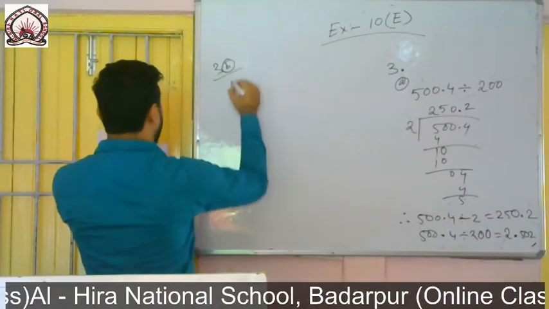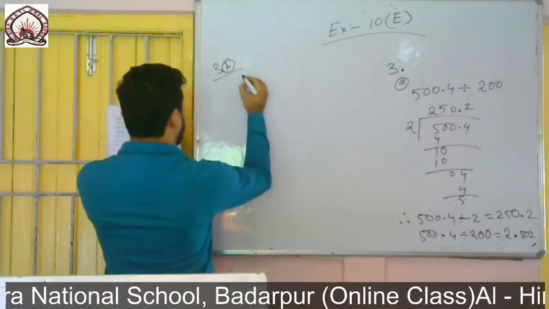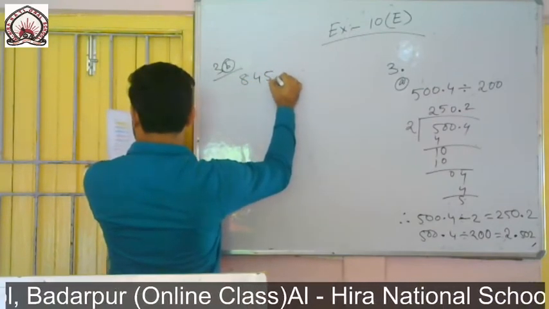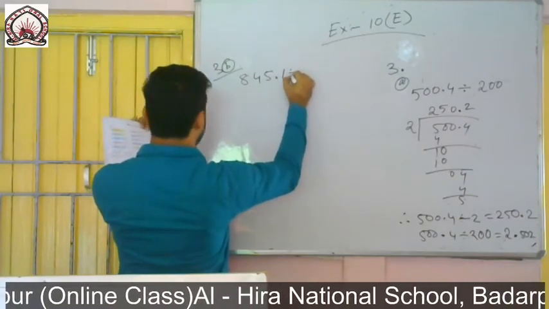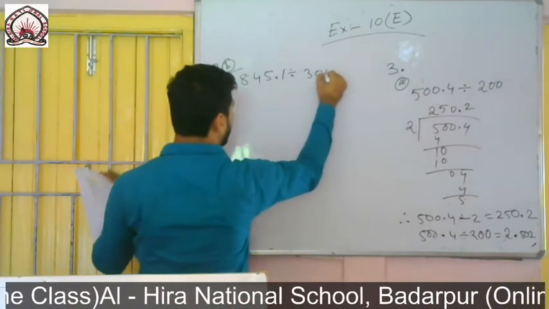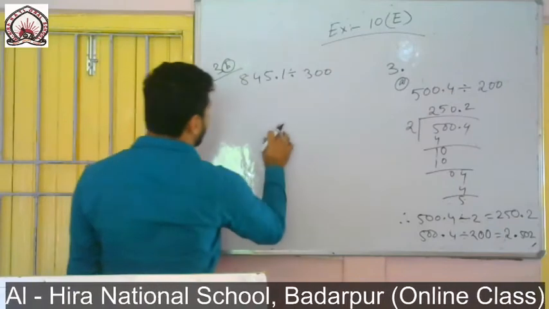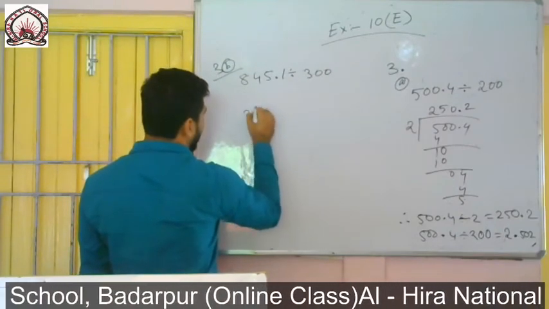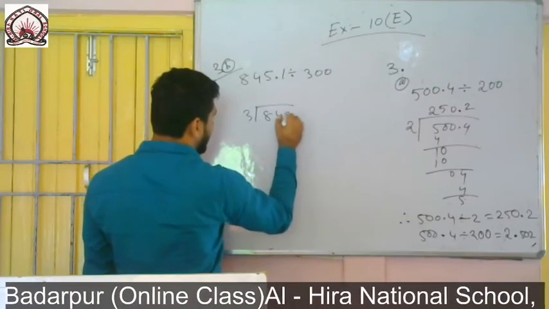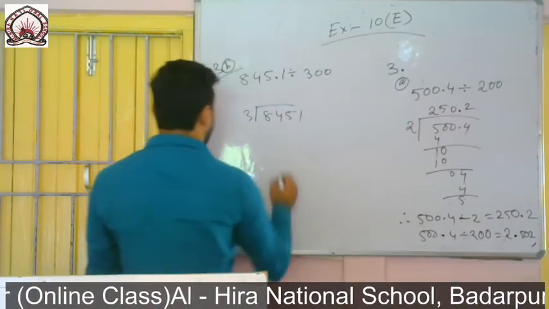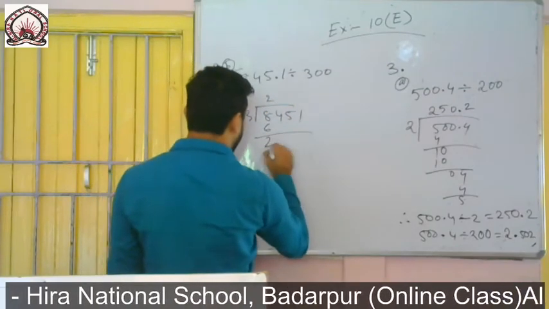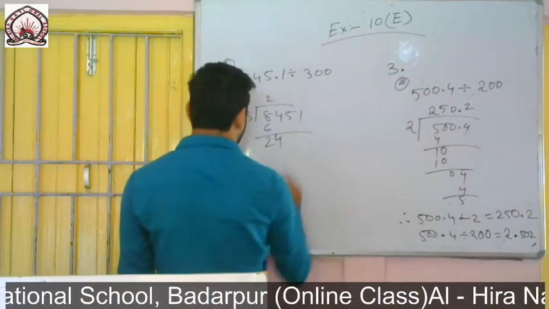3b is what? 845.1 divided by 300. So first you divide by 3. 8451. 3 2s are 6, 3 3s are 9, 3 2s are 6, here remain 2, 24.